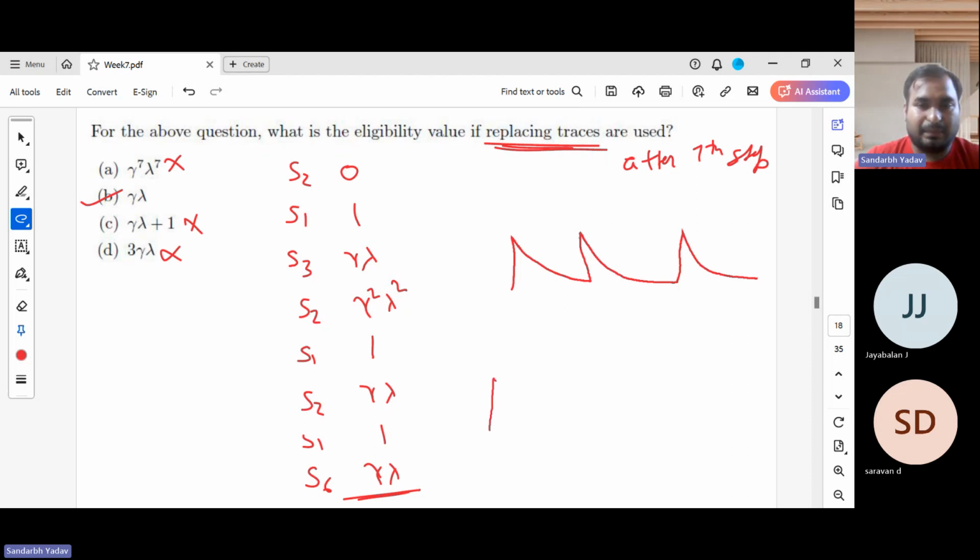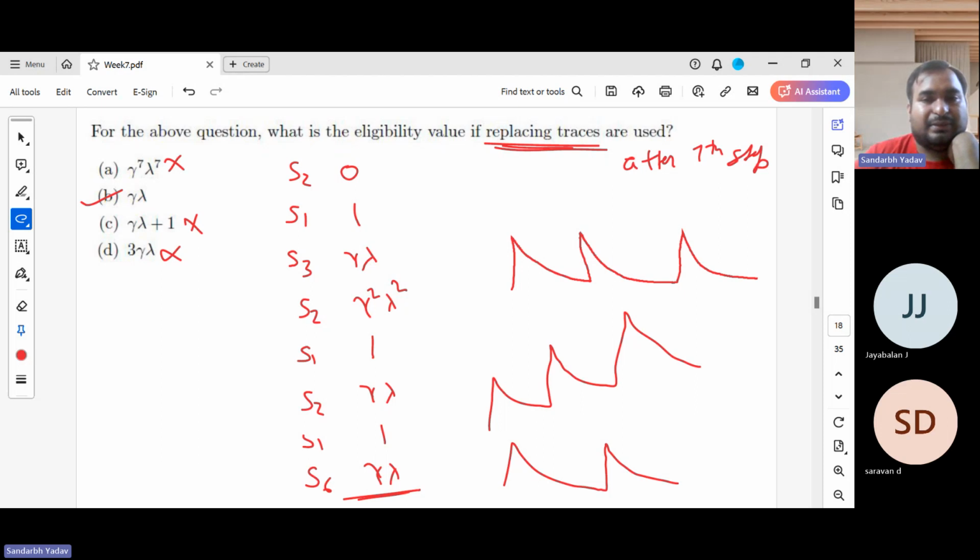In accumulating traces, it could happen that when you visit, it might go up depending on whether the decay is sufficient. It might happen that the decay is sufficient, then it will maybe reach that value only. So in accumulating traces, things can go up, but in replacing traces, there is a maximum eligibility of 1. You cannot go beyond 1.